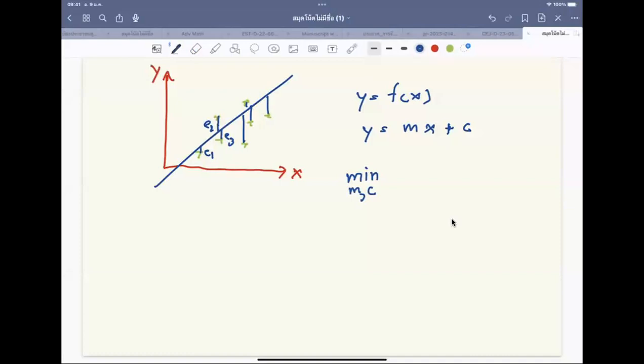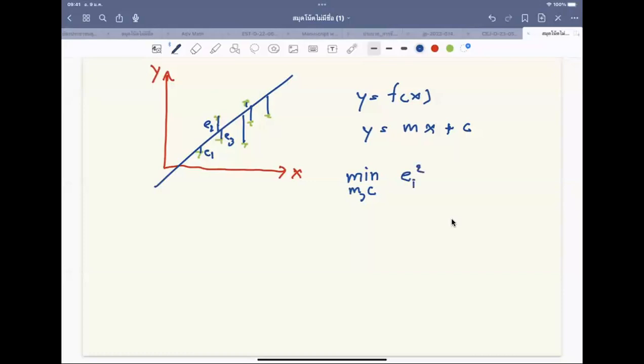With certain set of M and C, we obtain different error, right? And error must be, we consider only positive value of deviation, right? There are two ways to make it positive. The first one, you square it, okay? Or you take absolute, okay? For example, we have Ei, right?